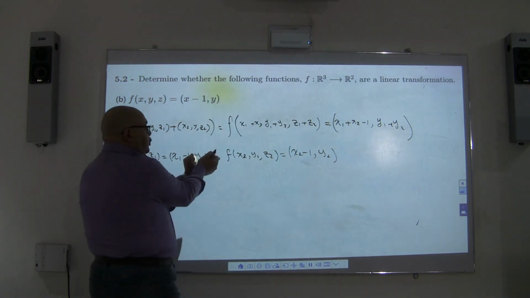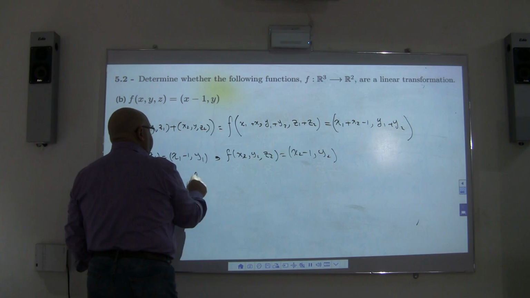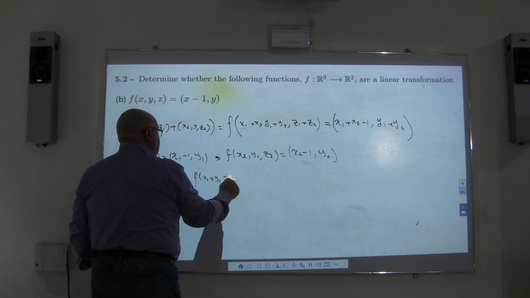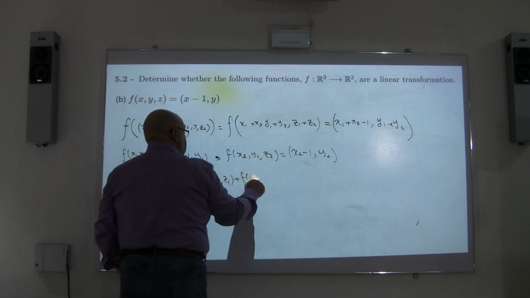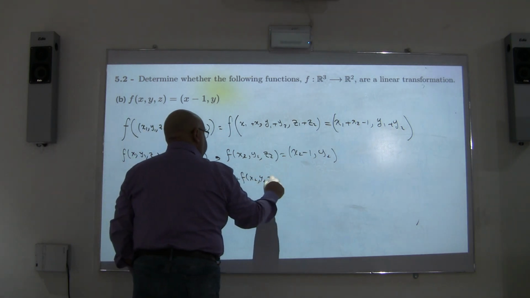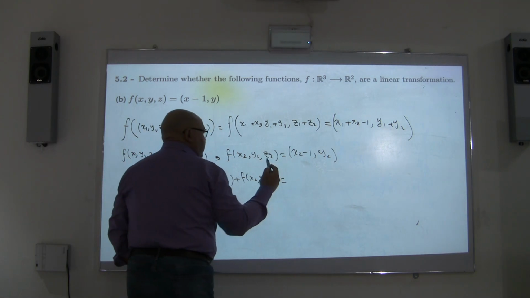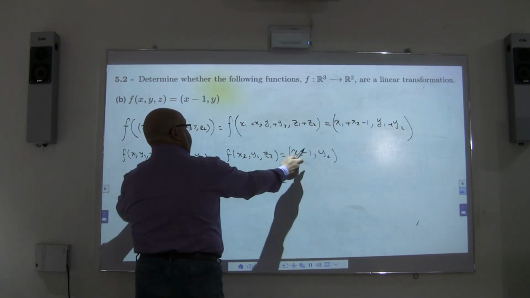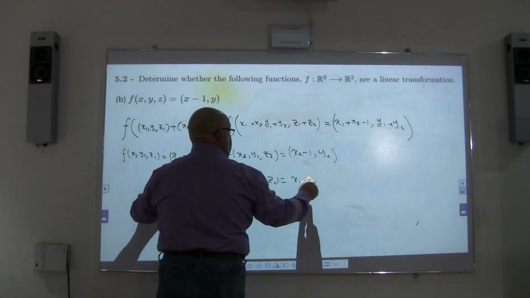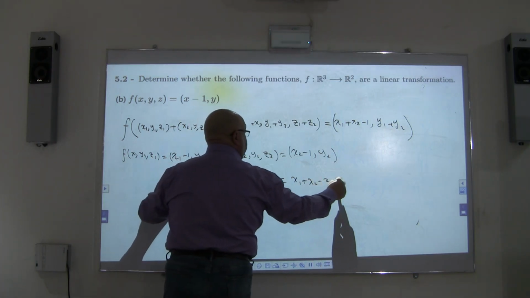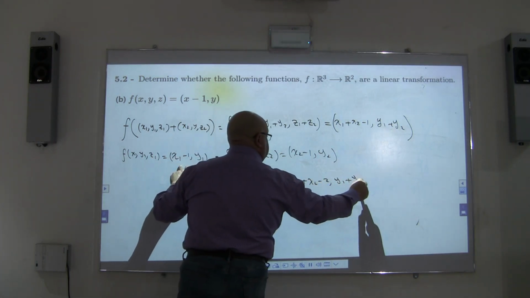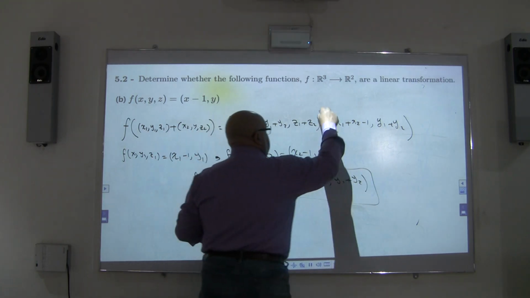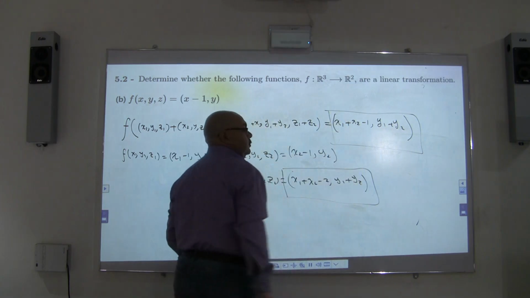Then I will add them together. So now I get f of x1, y1, z1 plus f of x2, y2, z2. Once you add these two together, you will have x1 plus x2 minus 2, then y1 plus y2. This is the final result. Is this value equal to that value?